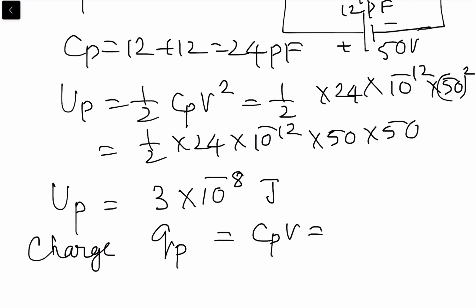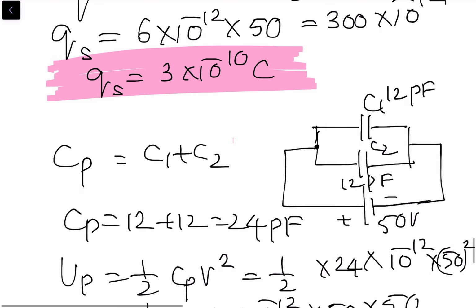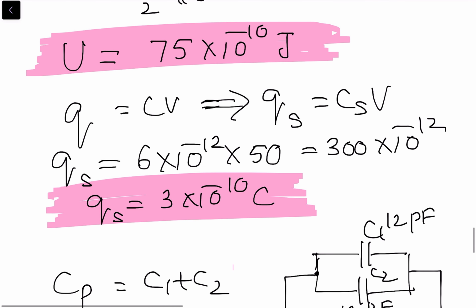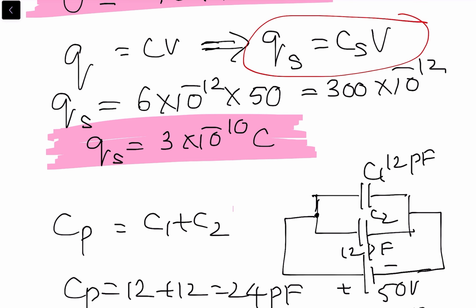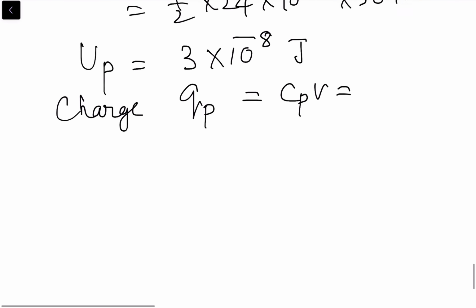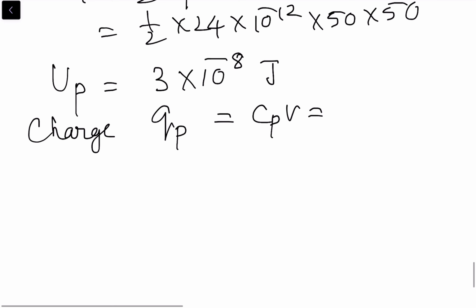Q is equal to CV, which we also used for series combination, which is in this pink color. Similarly, we will write QS is equal to CSV, we used here, which I am marking with the red color.